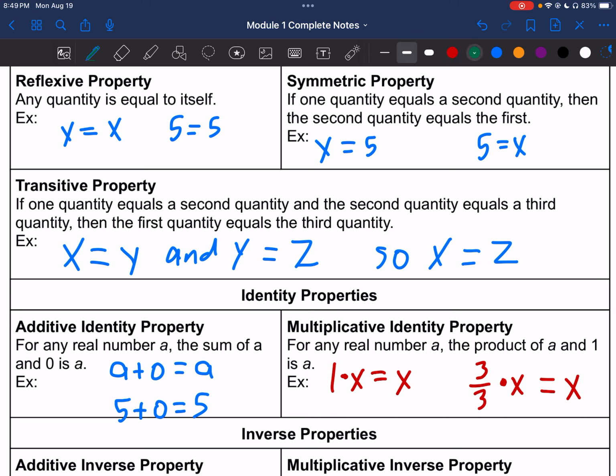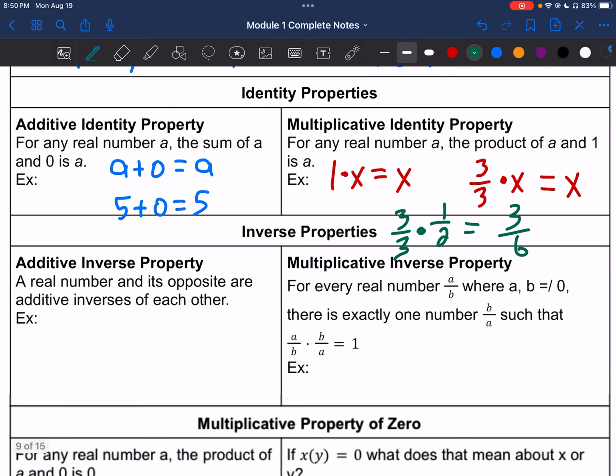If we had 3 over 3 and we multiply it by 1/2, we're going to get 3 over 6, which we know reduces to 1/2. All we've done here is change the way this fraction looks, all by multiplying by 1. So that is a very valuable use of the multiplicative identity property.